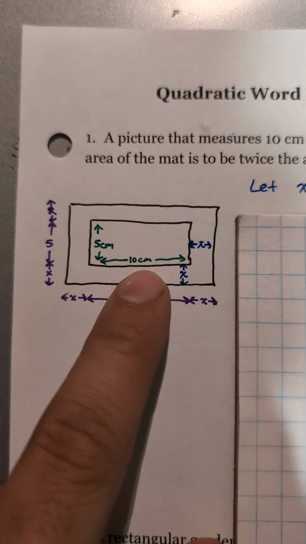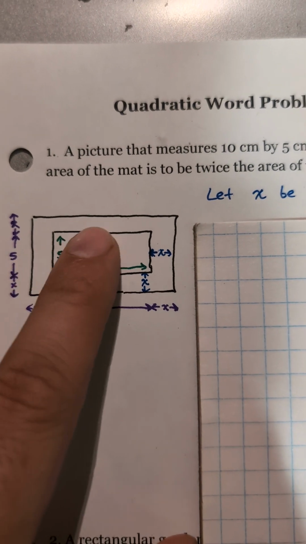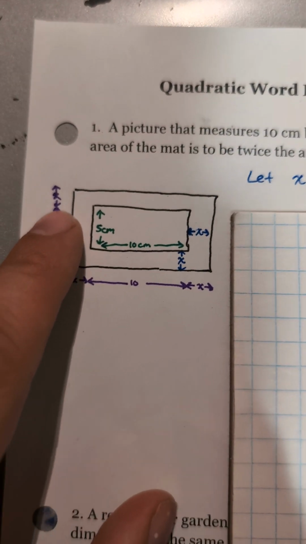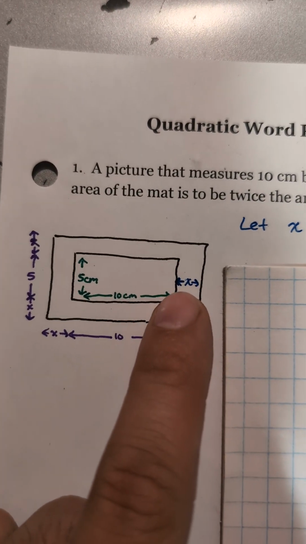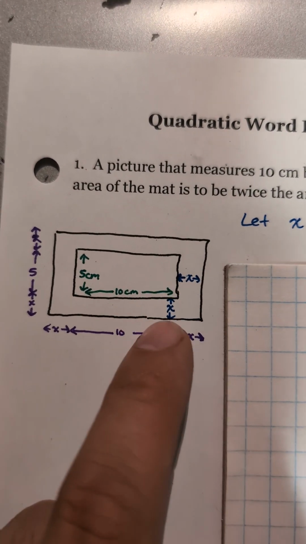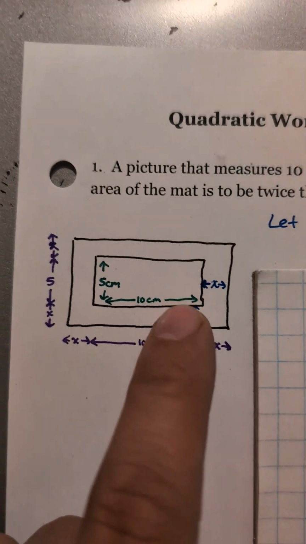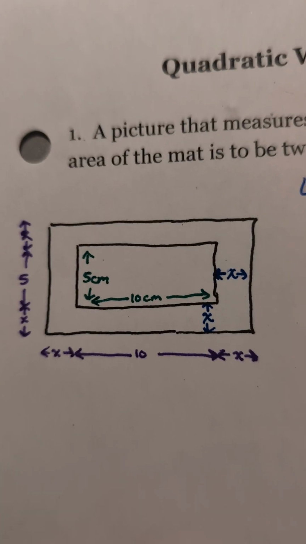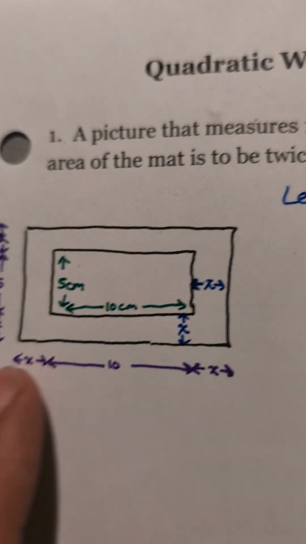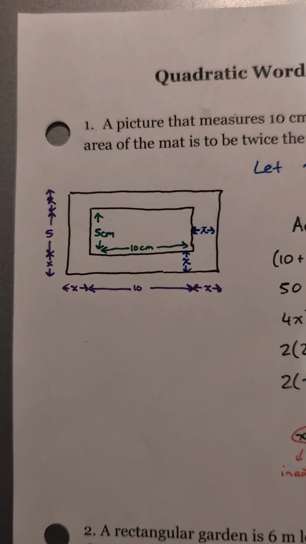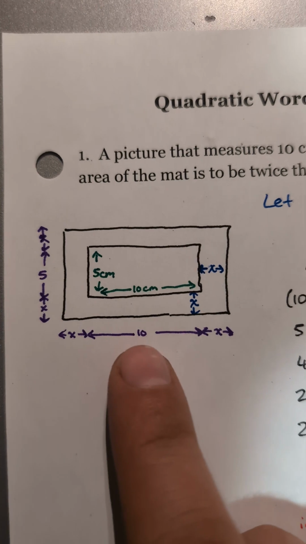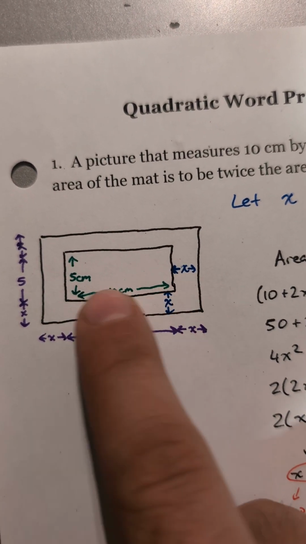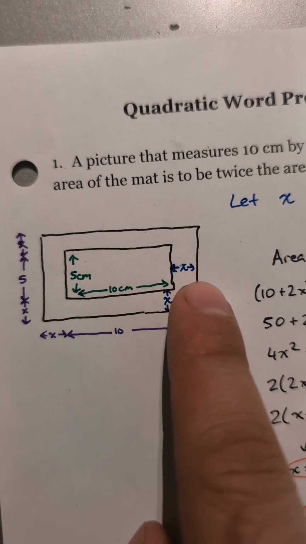You have your picture, 10 centimeters by 5 centimeters, on the inside, and then that white border around it, which has a thickness of X. If we had the photo with the mat combined, then it's the 10 centimeters of the photo plus the X on both sides.